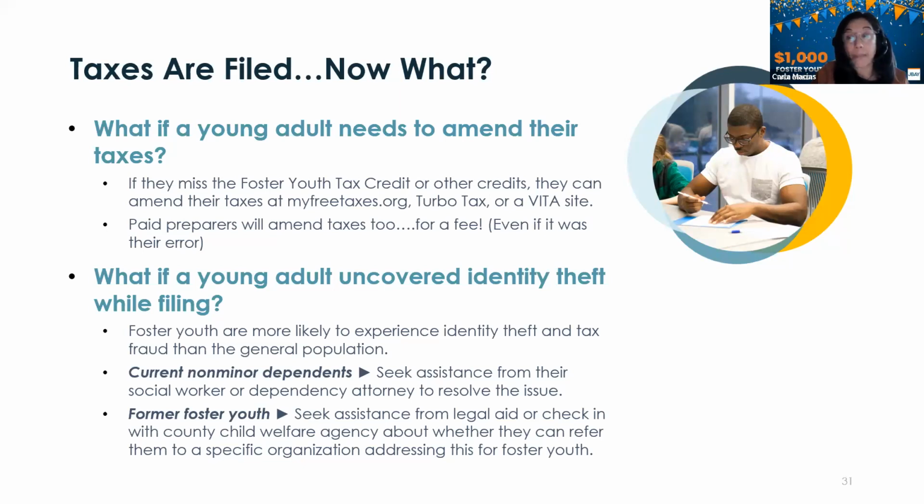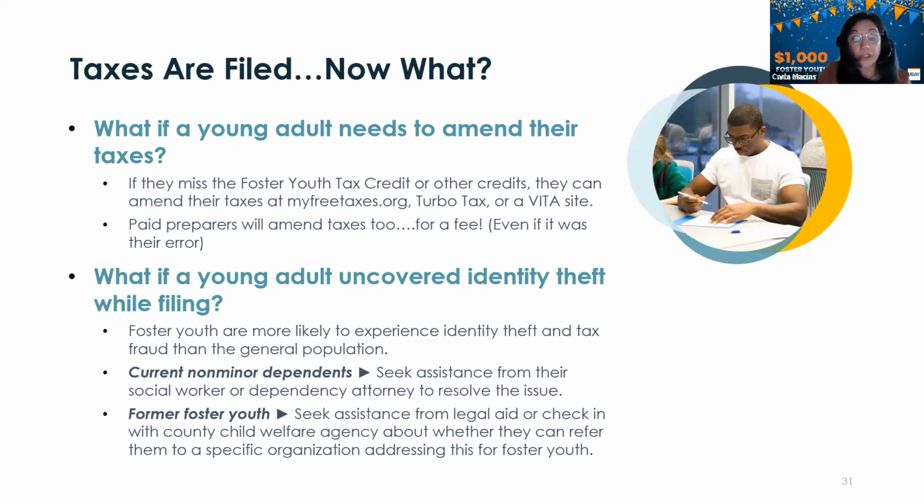And counties are mandated to remediate identity theft for foster youth. For foster youth ages 18 to 21, social workers or an adult supporter are advised to support them in running their credit annually by using annualcreditreport.com. And if there's any suspicious activity, foster youth are referred to legal services to help remedy the situation.